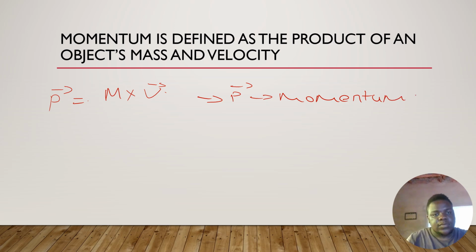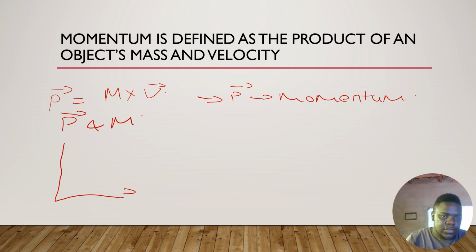Again, according to this definition, you can see that momentum is directly proportional to the mass. It means if you increase the mass, momentum will increase, meaning that the graph between momentum and mass is a straight line graph. They are increasing.